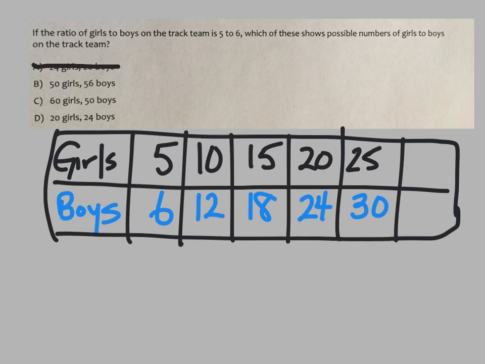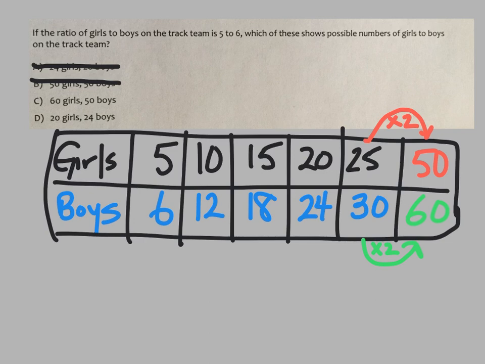B, 50 girls and 56 boys. Well, if I multiplied the 25 girls in my table by 2, that would give me 50 girls. That's good. And then if I multiplied the boys also by 2, that would give me 60 boys, not 56. So 50 girls and 56 boys doesn't work either.